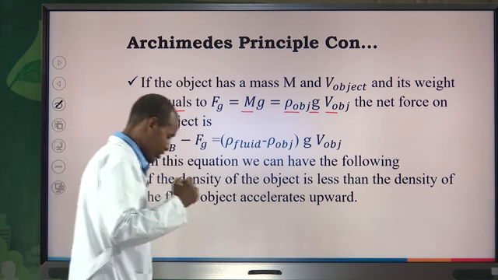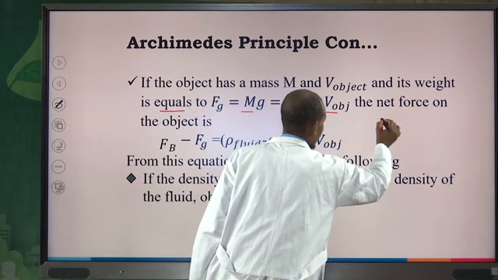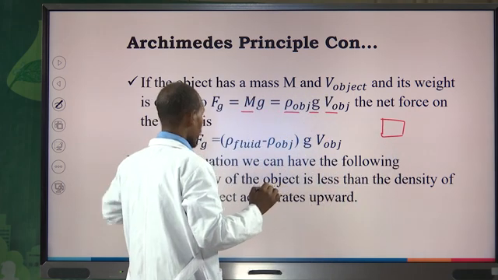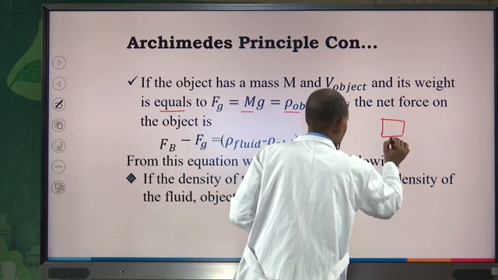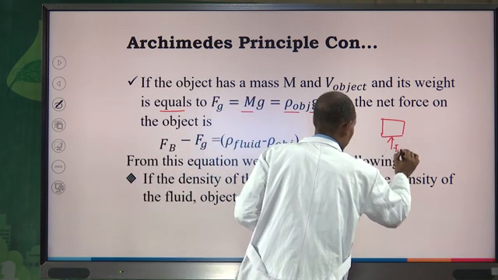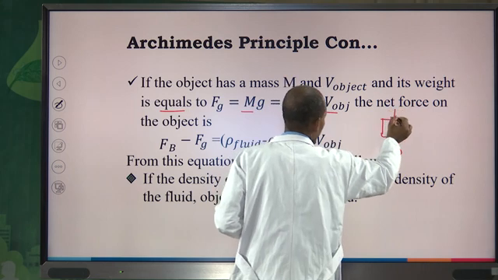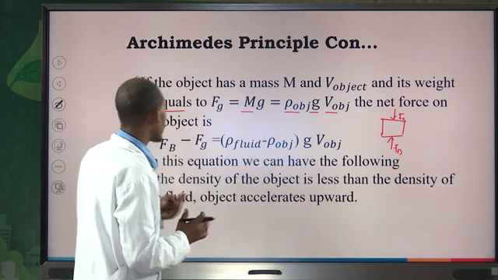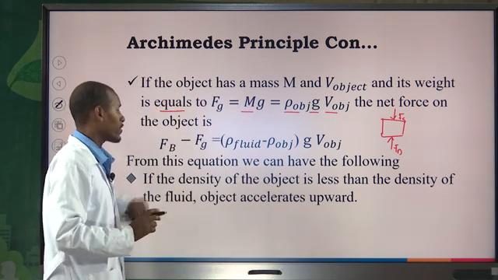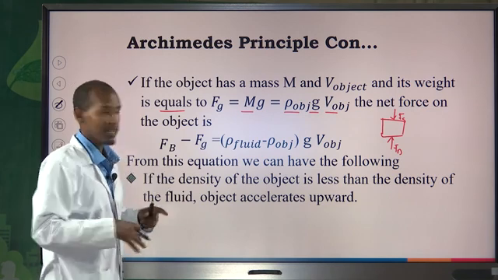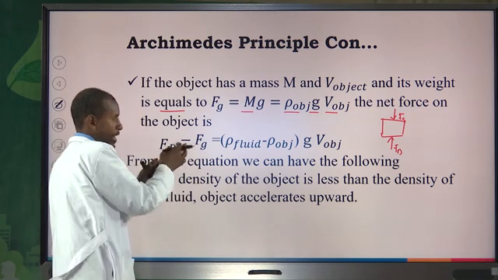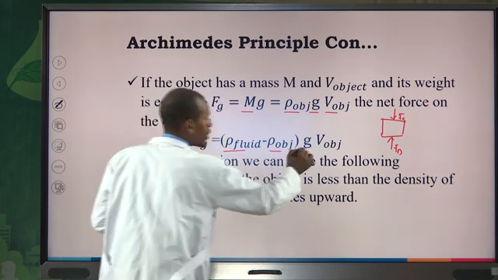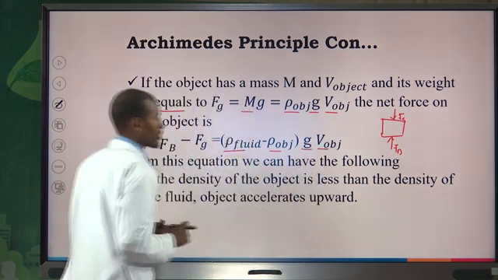Then the net force on the object will be the buoyant force minus the gravitational force, because there is an upward buoyant force Fb and a downward gravitational force Fg. Since the gravitational force is downward, we take it as negative. So Fb minus Fg equals the density of the fluid minus the density of the object, times g, times the volume of the object.